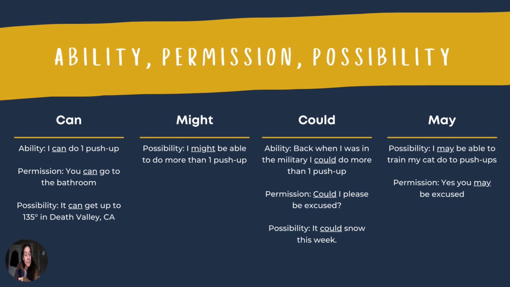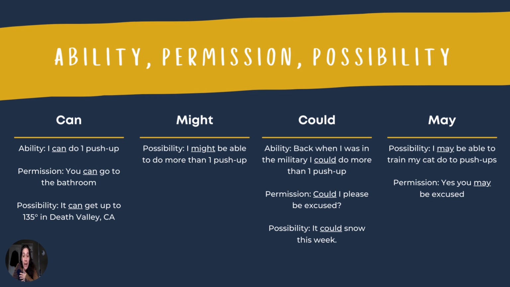And then possibility, it could snow this week. We don't know if it's going to snow, but it could happen. And then may. For possibility, I may be able to train my cat to do push-ups. It's technically possible, but I don't know if that's going to for sure happen, if my cat is for sure going to be able to do a push-up.